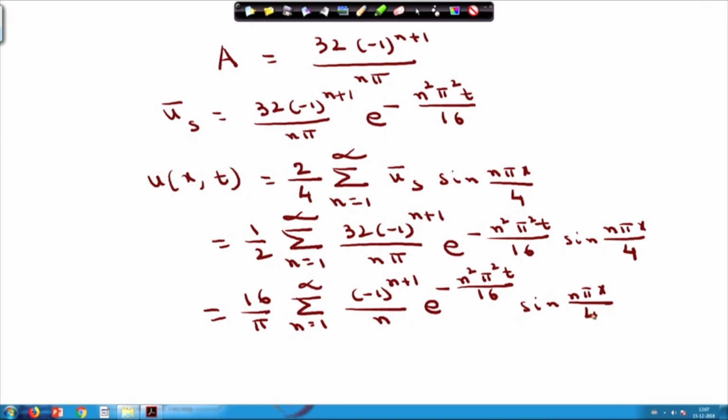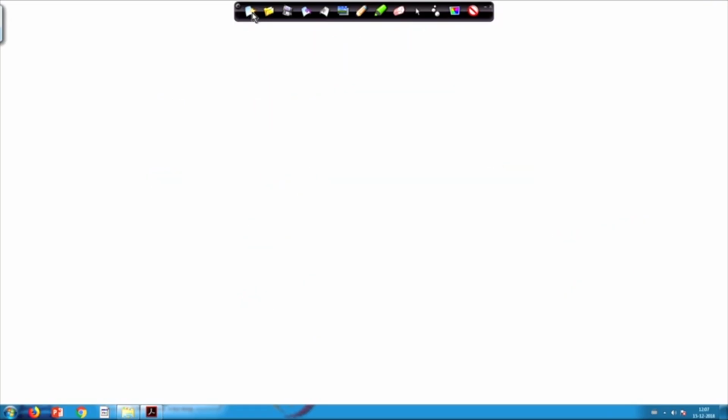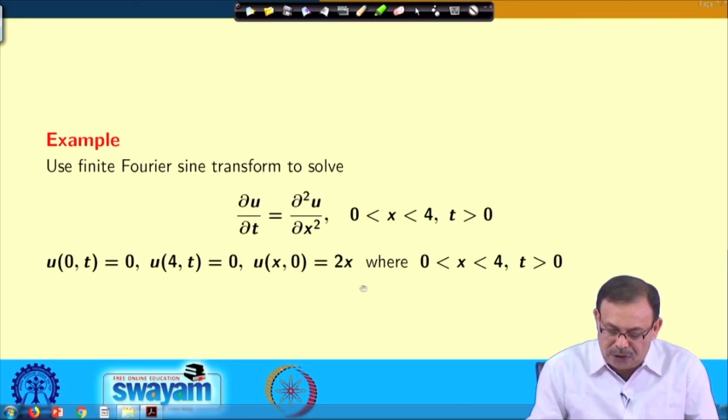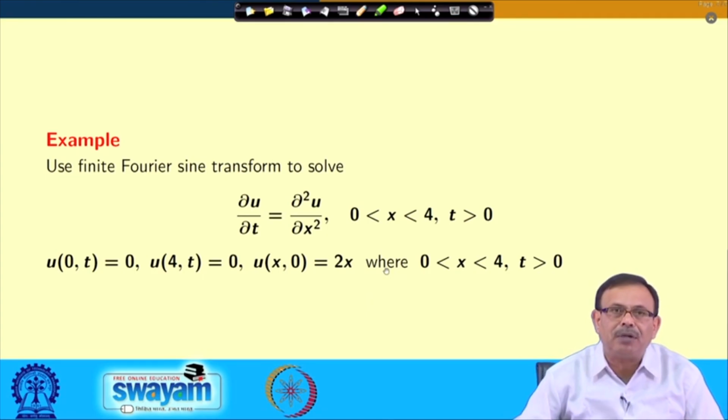Please note that once I get ū_s, from there I can find u(x,t) this way, and ultimately the solution of the given partial differential equation becomes u(x,t) equals 16/π into this result. So, let us see it. This was your actual example.